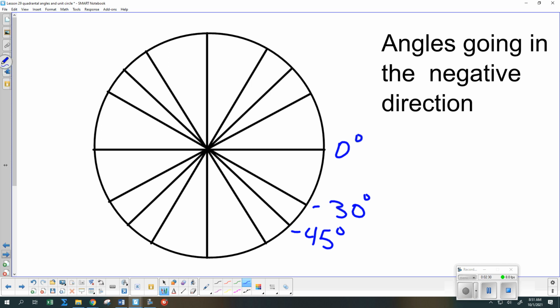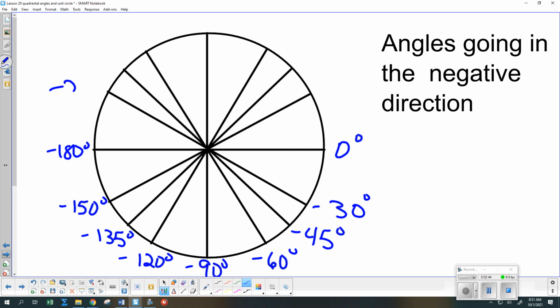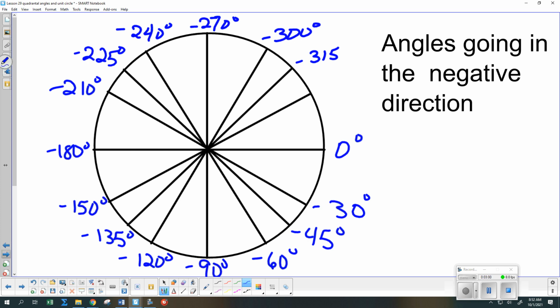So negative 45 degrees, negative 60 degrees, negative 90 degrees, negative 120 degrees, negative 135 degrees, negative 150 degrees, negative 180 degrees, negative 210 degrees, negative 225 degrees, negative 240 degrees, negative 270 degrees is up at the top, negative 300 degrees, negative 315 degrees, negative 330 degrees, and when we are at negative 360 degrees, we are also back where we started.